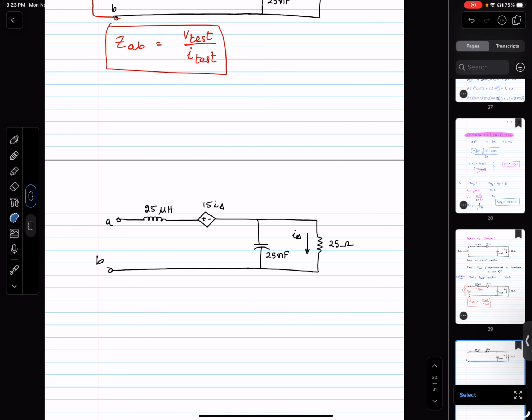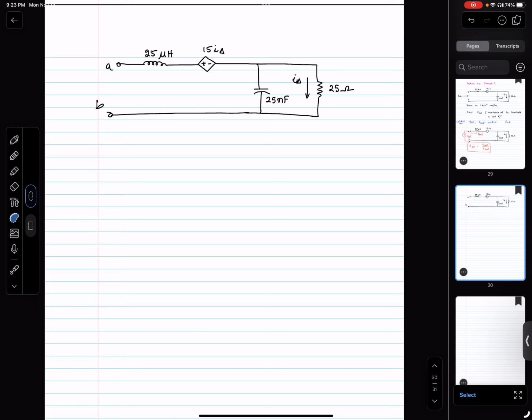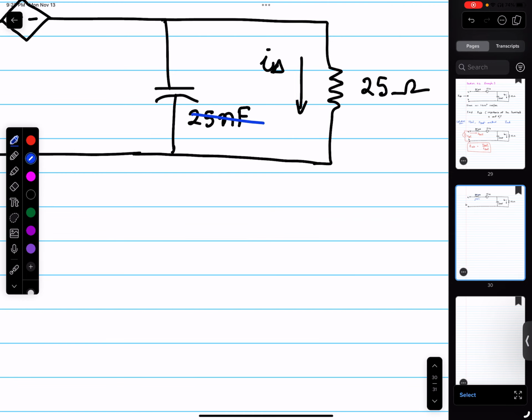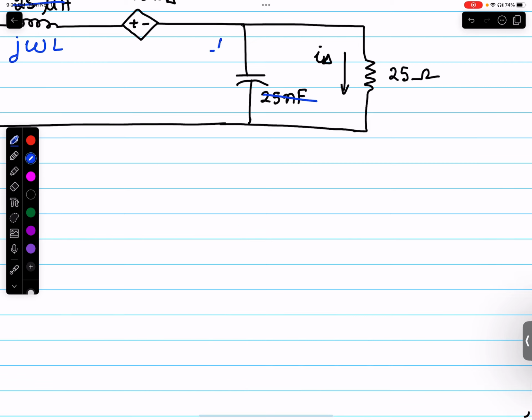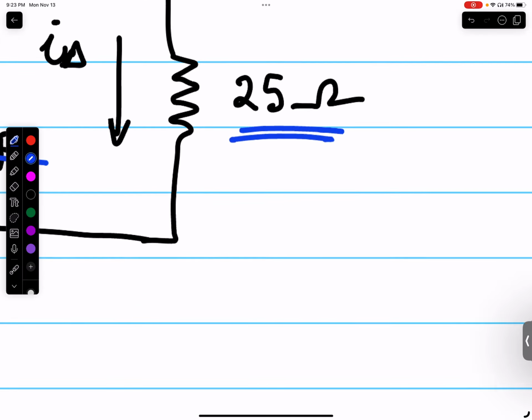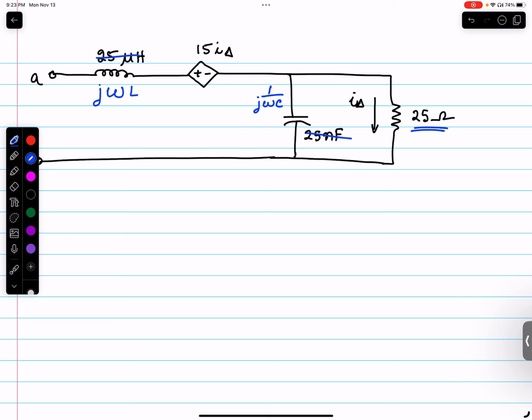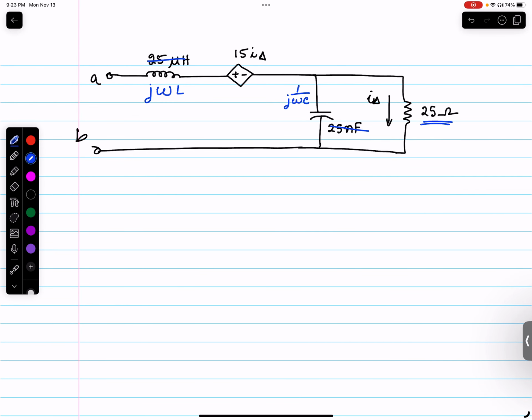The first step is to convert all of this into the frequency domain. So I'm going to write this as J omega L. Similarly, the capacitance here, I'm going to write as 1 over J omega C. And this resistance remains the same. So all I'm doing is converting the inductance and capacitance from the regular time domain into their impedance form.